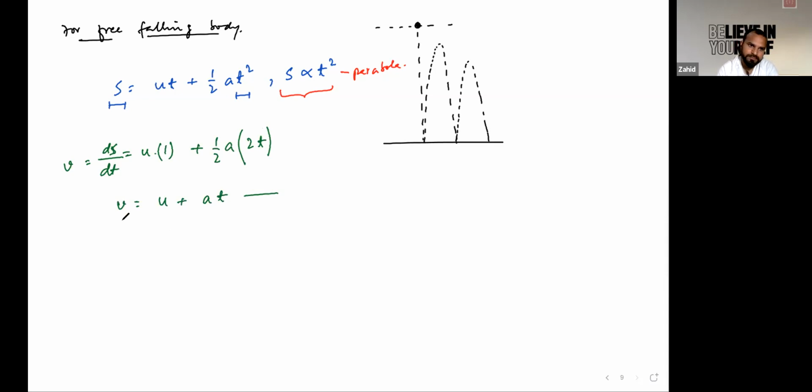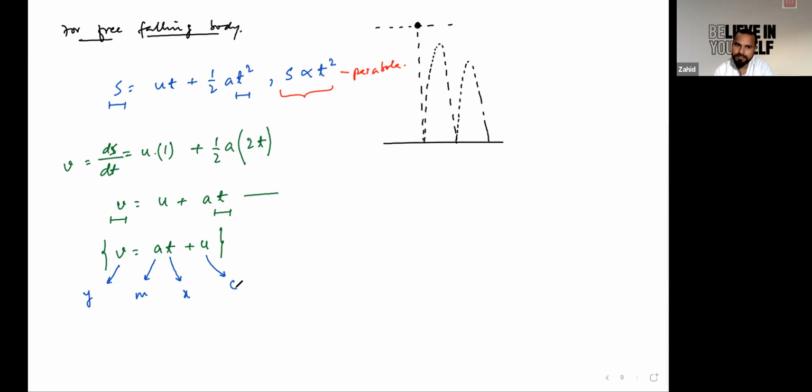Now in this expression, v is directly proportional to t, or you may write this equation as v is equal to a times t plus u. Is it similar to y is equal to mx plus c? So this will be termed as y, this is x, this term will define the slope, and this term will define the intercept on the y-axis.